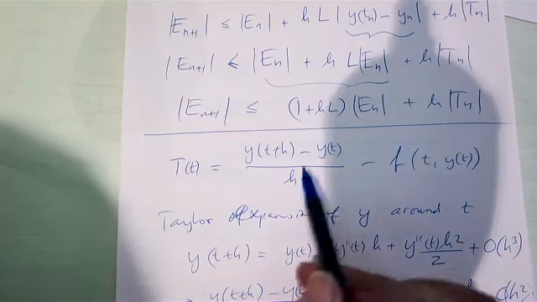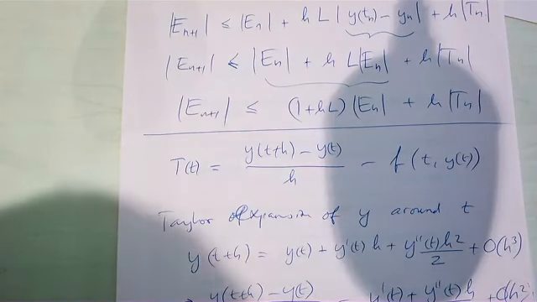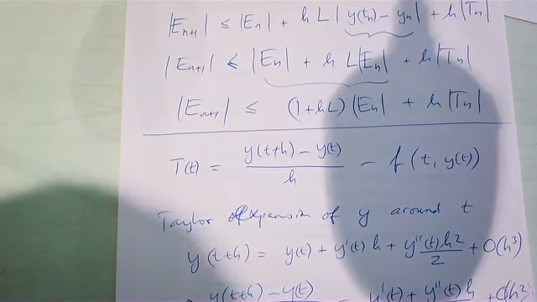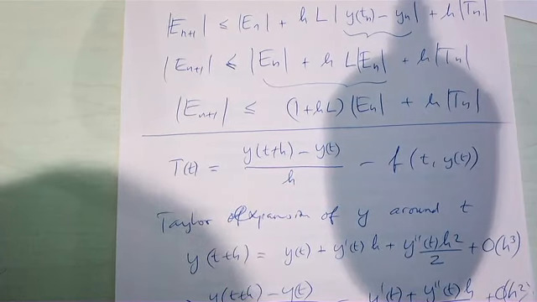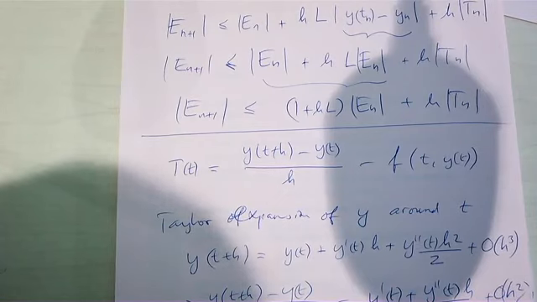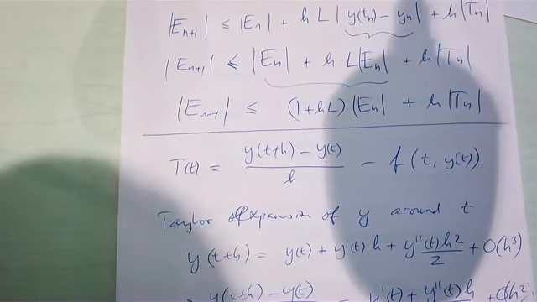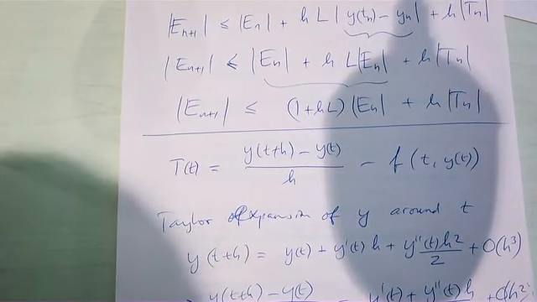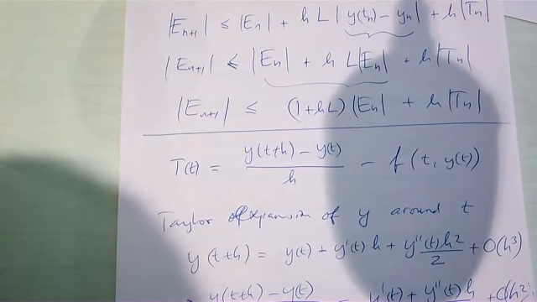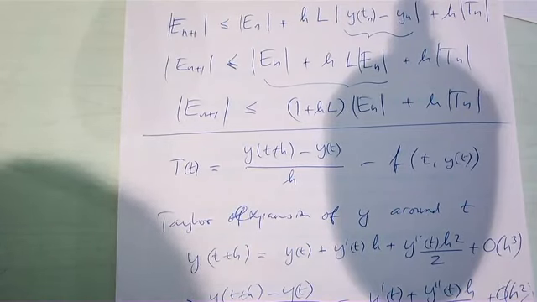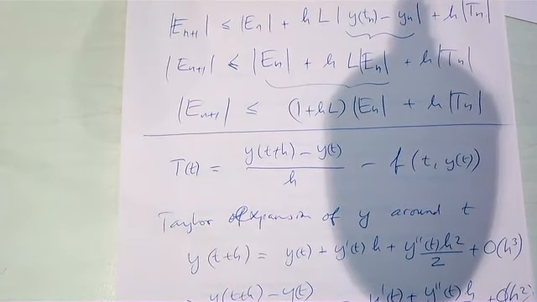And then you plug it in here. So capital T will be y' plus y''(t) h over 2 plus O(h squared) minus f(t, y). But because y' and f(t, y) are the same, since it's an ODE, you have only y''(t) h over 2 plus O(h squared).